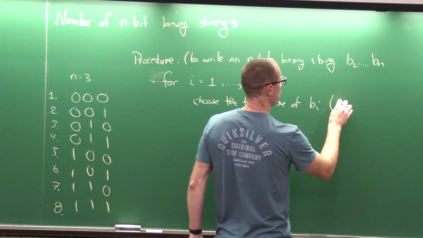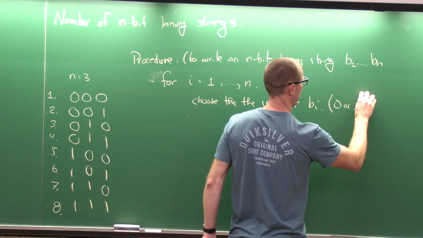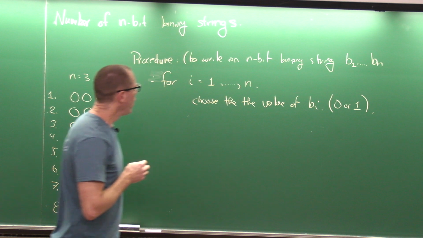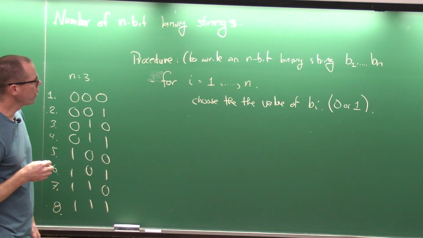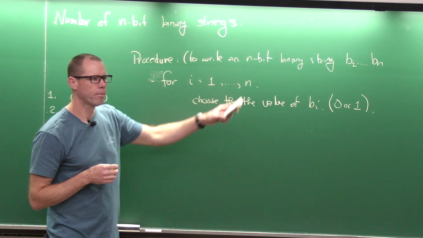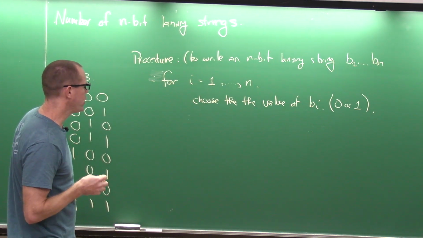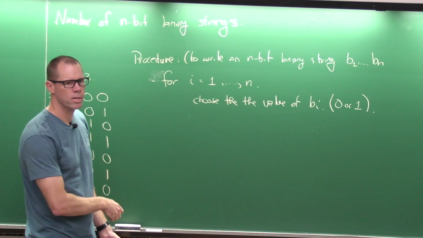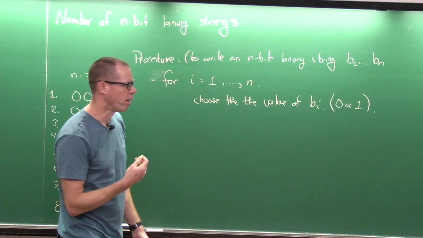So that's a value that's either 0 or 1. And so this is a procedure that has n steps in it. And for each step, there's 2 choices. I can write a 0 or I can write a 1.